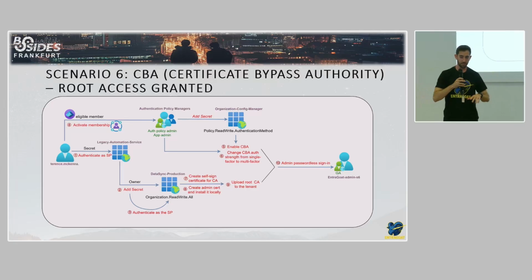But one of them, and it's very hidden in the documentation of Microsoft, by the way, is the ability to add your own certificate authority to the tenant. So in this attack path, you literally create your own private key, you deploy a certificate authority with OpenSSL, and you add it to the root tenant.